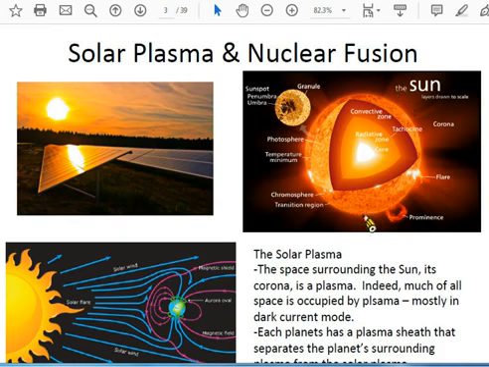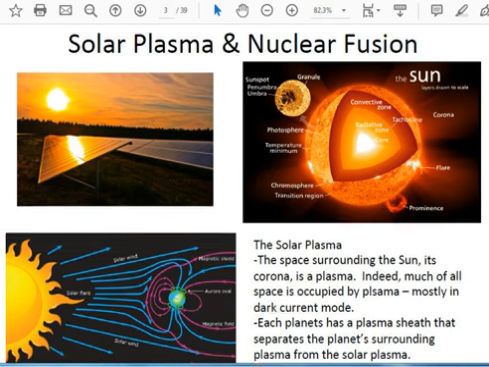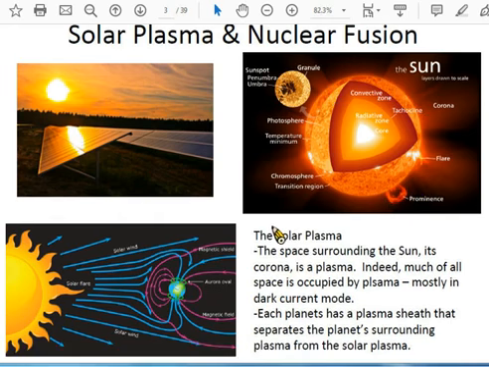On the surface of the sun, there is a layer of corona plasma, or solar plasma. The space surrounding the sun is a corona, a plasma, and indeed much of all space is occupied by plasma, and this plasma is in dark current mode.